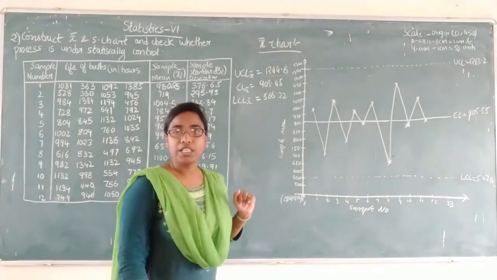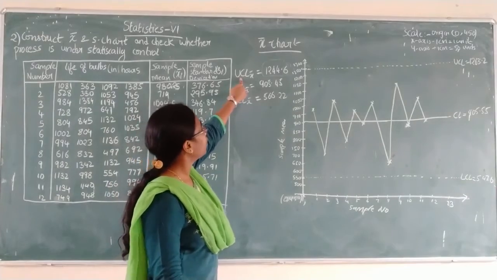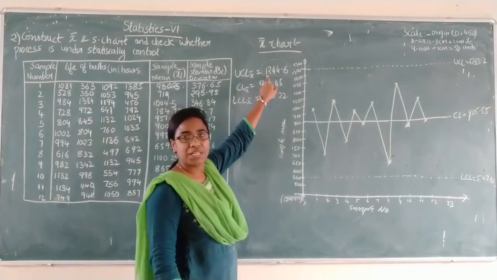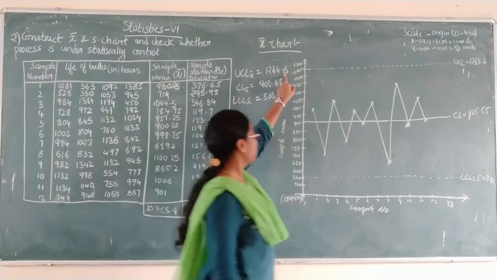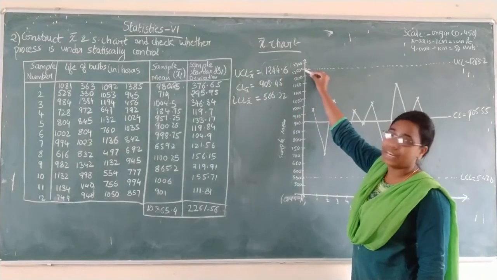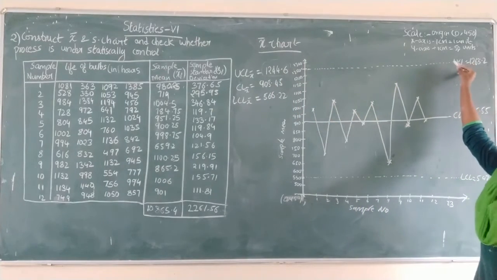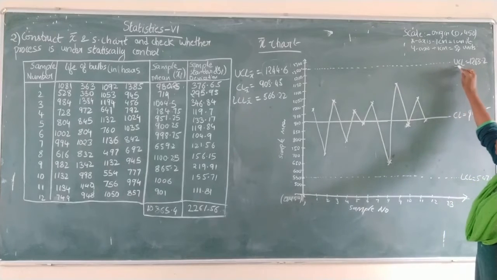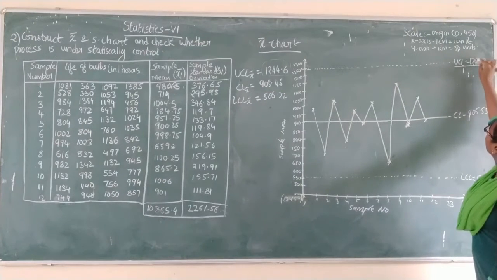Now start plotting the UCL, CL and LCL values. What is the first one we need to plot? UCL. What is the UCL value? 1244.6. That is very near to 1250, right? So at that place you draw a horizontal dotted line and write here UCL equals 1244.6.